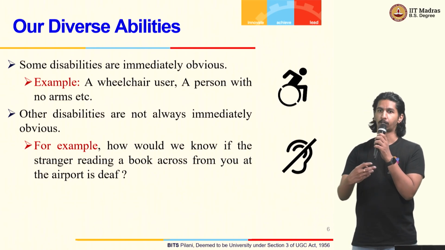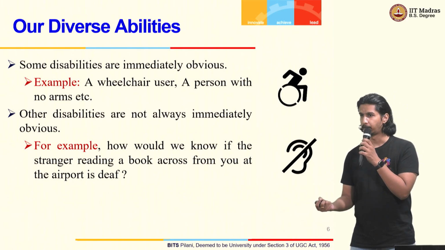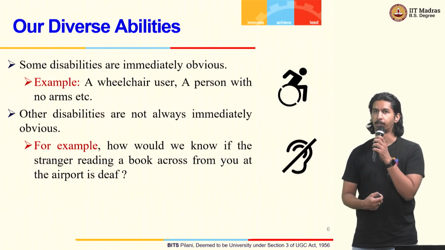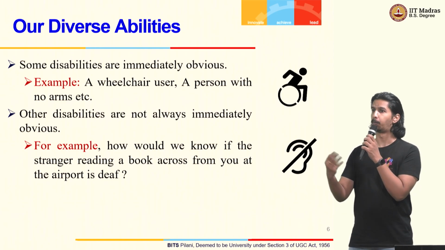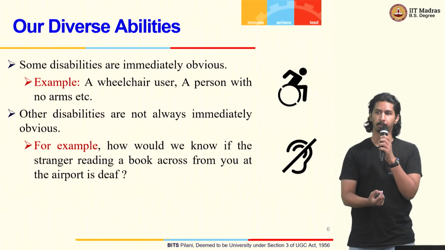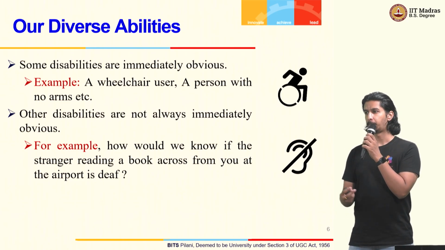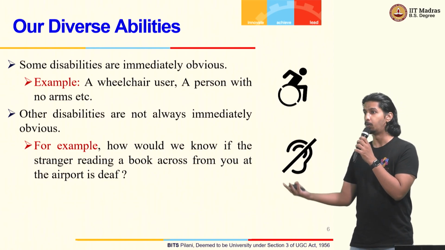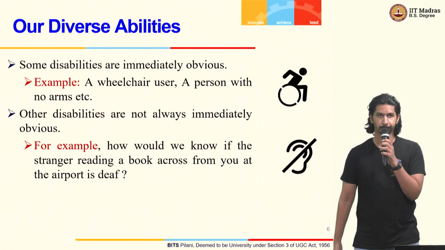Or maybe someone who has, say, cognitive disabilities, right? Say limited comprehension, or a person with limited problem solving skills, right? We might not be able to know that just by looking, right? So disabilities can be broadly divided into something that is visible and something that is not visible apparently, right?